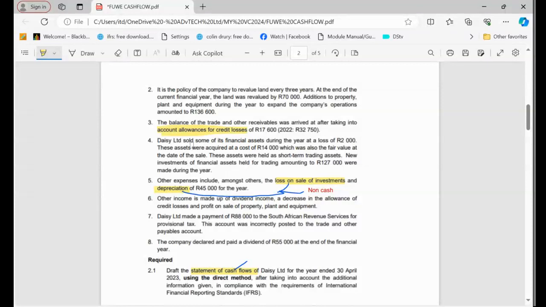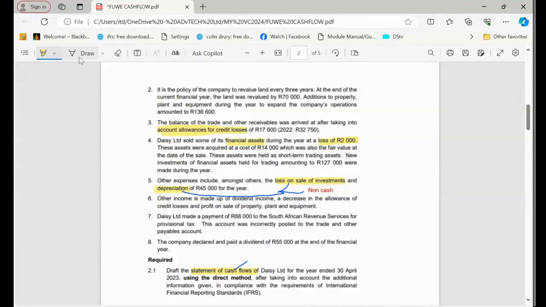Can you see financial assets are the same as investment? Are we together? That's why they say they made a loss of how much? Can you see now?